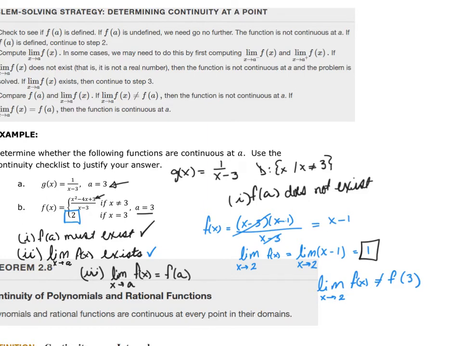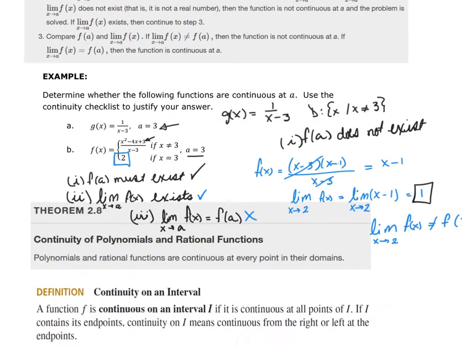So this is where it fails. And this is a removable discontinuity because it doesn't jump. There is just a hole in the graph that is defined but not at the limit. F of a does not equal the limit as x approaches a of f of x.